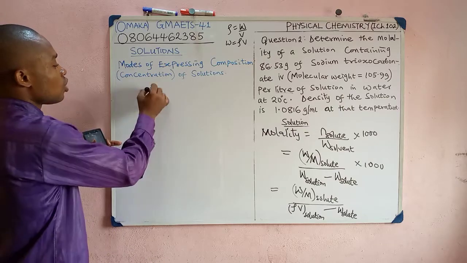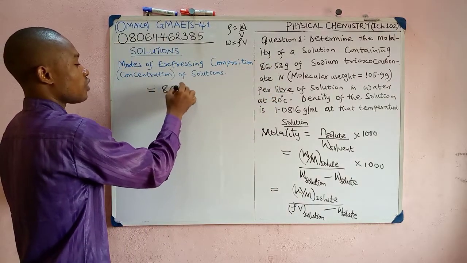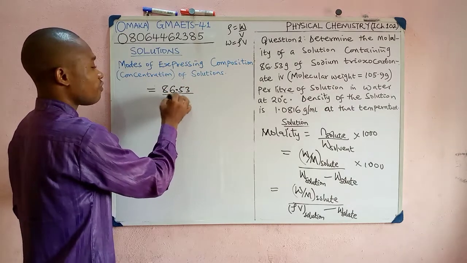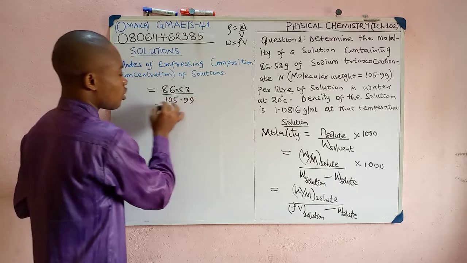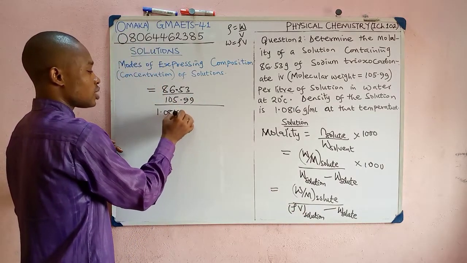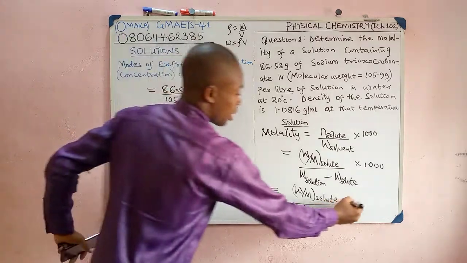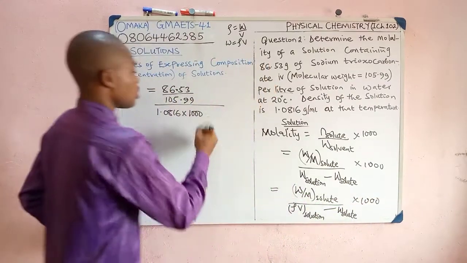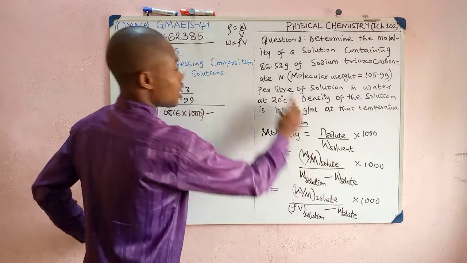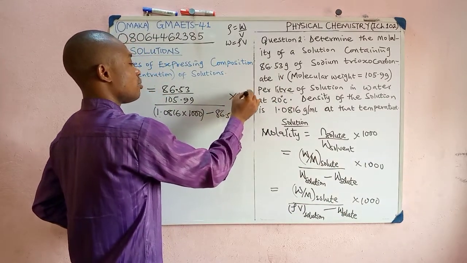Let's substitute. Weight of the solute is 86.53, divided by molecular weight 105.99, everything all over density of solution 1.0816 times volume 1000. Then subtract the weight of the solute from it, which is still 86.53. Multiply everything by 1000.